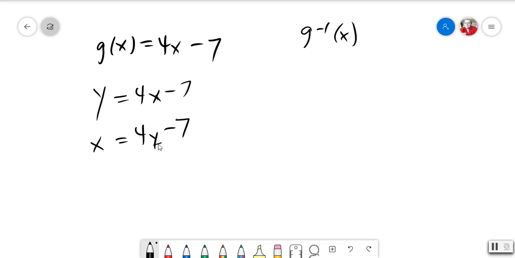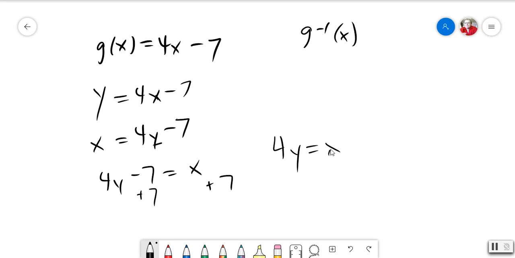Now we have to solve for y. I'm going to flip it, and I'm going to add my 7 to each side. So that gives you 4y equals x plus 7.